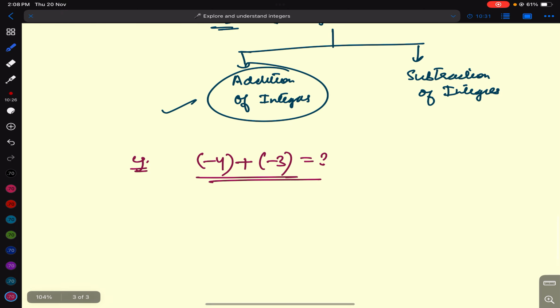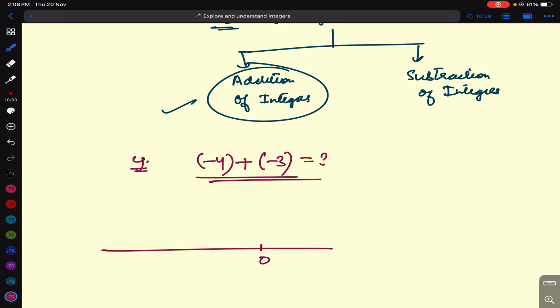Clear? So when I discuss the scenario of the number line, let's say this is 0 here, -1, -2, and so on, and 1, 2, 3 on the positive side. Okay, so this is your number line here.